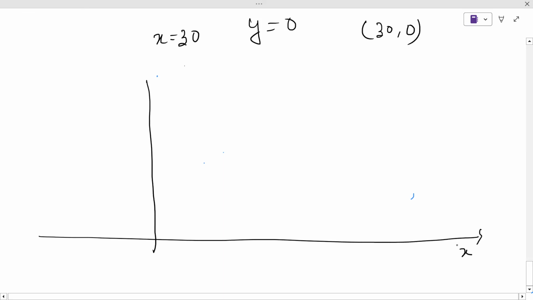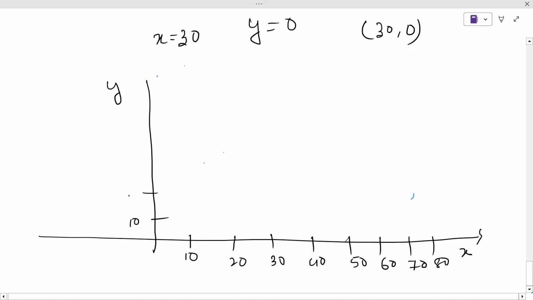This is the x axis and this is the y axis, and take intervals of 10: 10, 20, 30, 40, 50, 60, 70, 80, and 90.